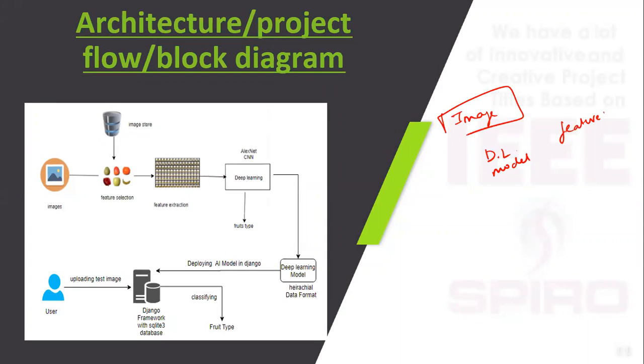After the model is created, we are going to deploy it in the Django framework. Once we deploy it in Django, which is a web application, the user will upload an input image to the model, and the model gives an output of which fruit type it is.